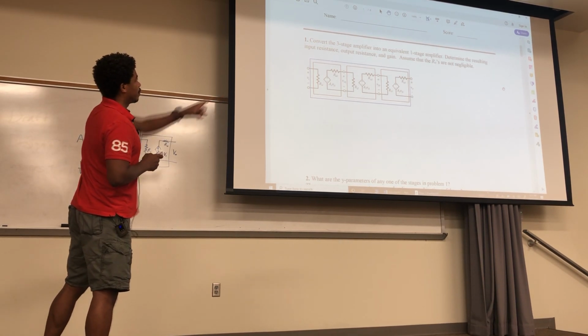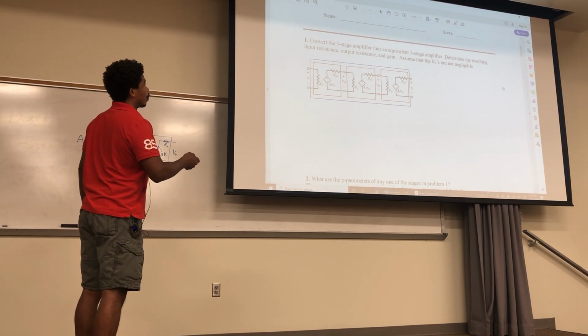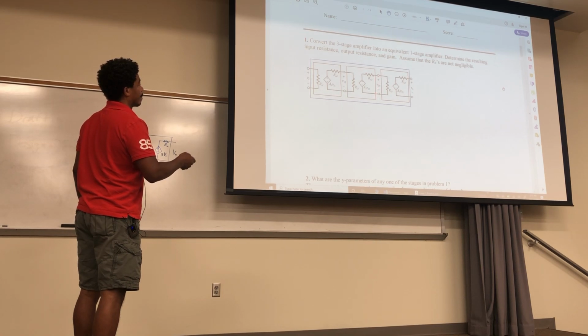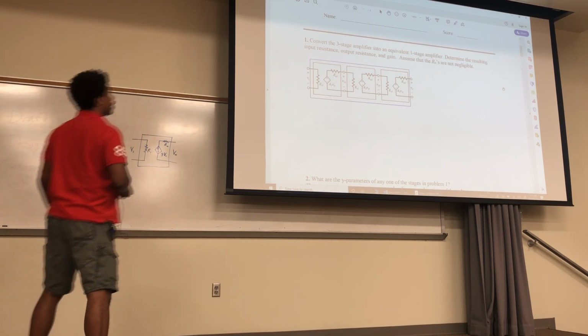So for this V2 to 3 right here, we could use some voltage division, right? So it's going to be this divided by these two together multiplied by that.